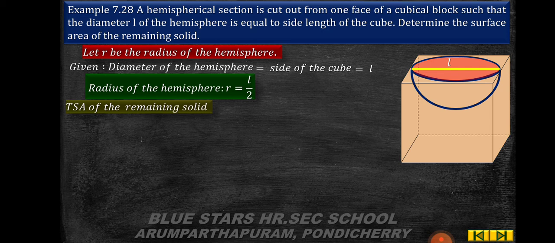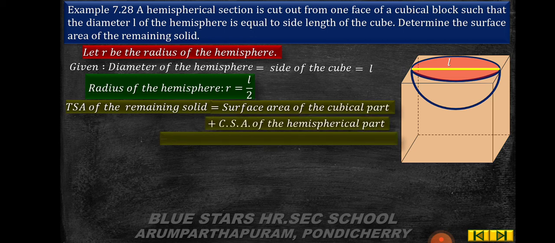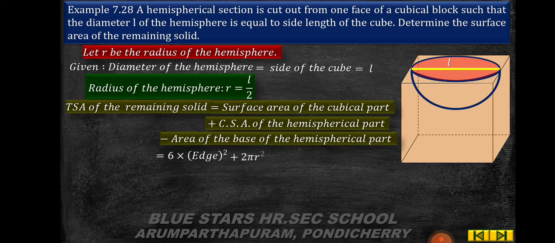That is, total surface area of the remaining solid is equal to surface area of the cubical part plus curved surface area of the hemispherical part minus area of the base of the hemispherical part, which is equal to 6 into L square plus 2 pi r square minus pi r square, which is equal to 6 into L square plus pi r square.